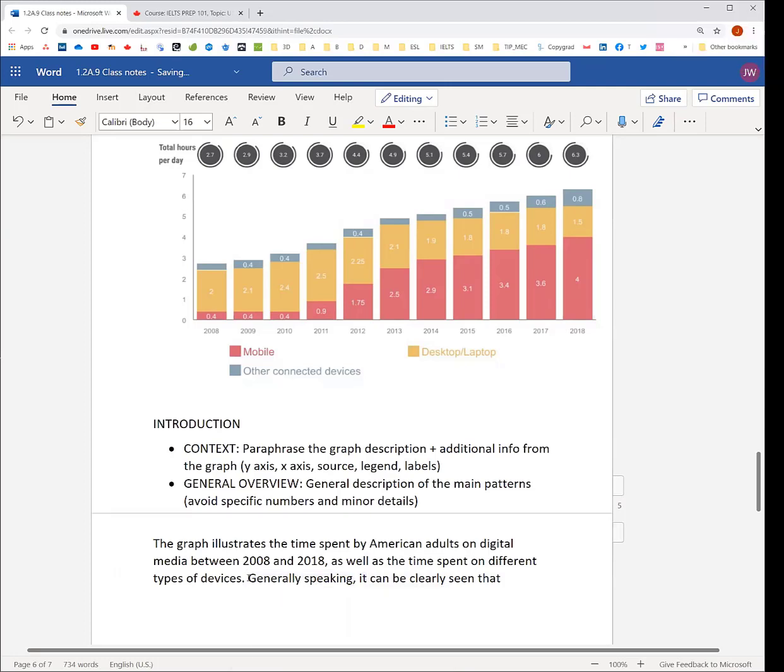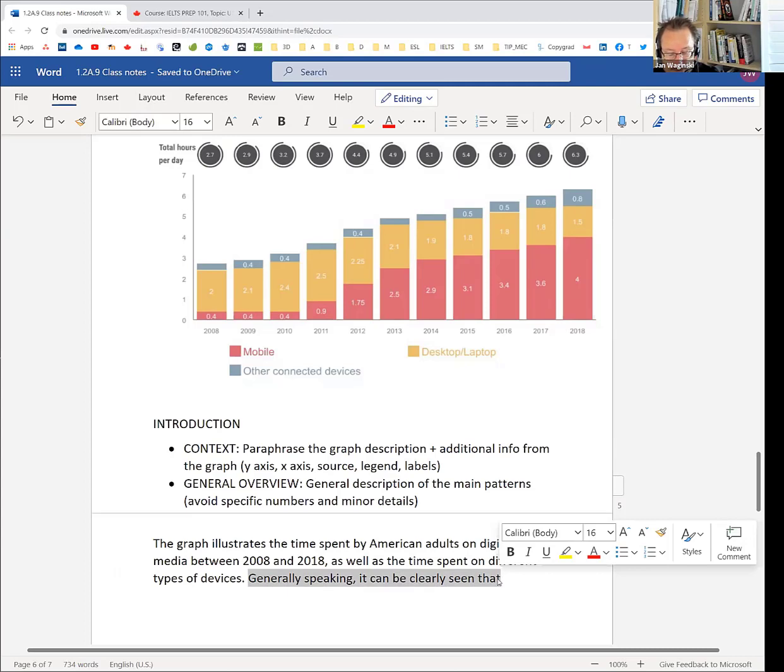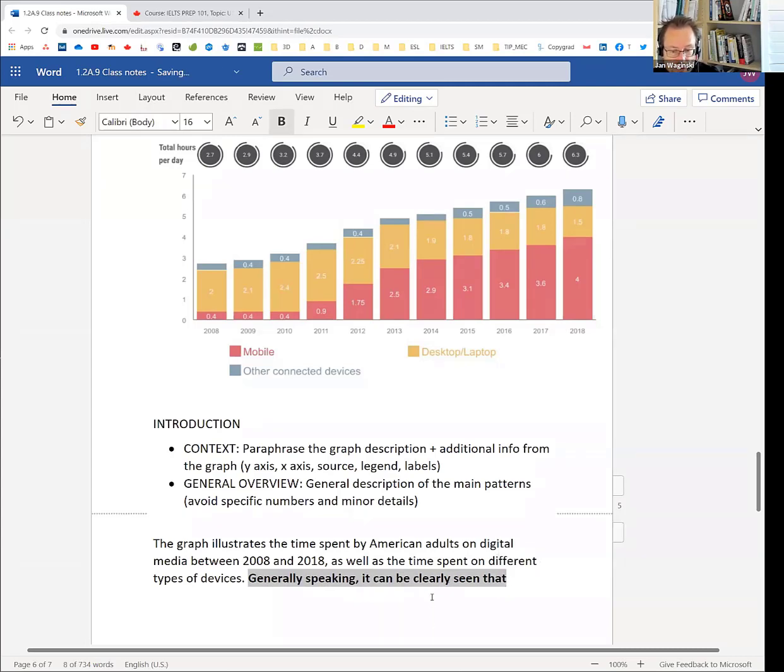Who cares what they think? Okay, generally speaking, it can be clearly seen that. Just memorize this as a stock phrase, and you can use it in any of these type 1 graphs. Okay, it does two things. It signals to the reader that this is your overview, and it also demonstrates that you know how to use passive voice. So it helps towards grammar variety, which is an important part of your score.